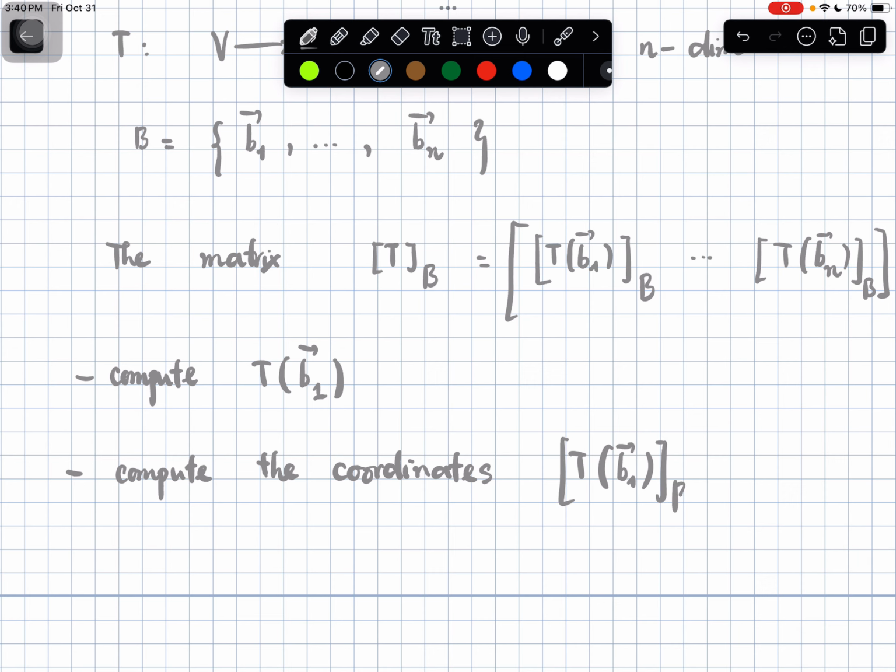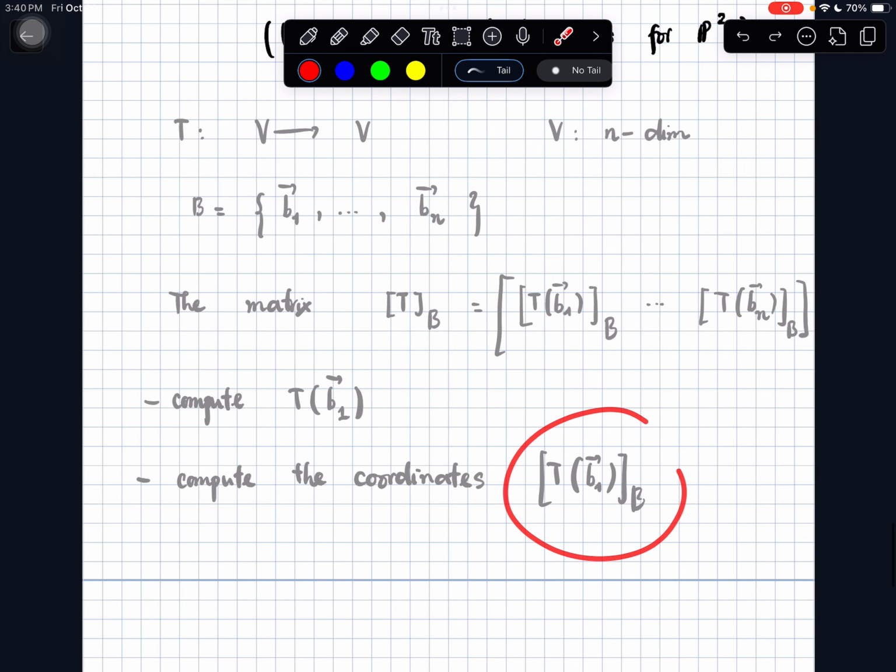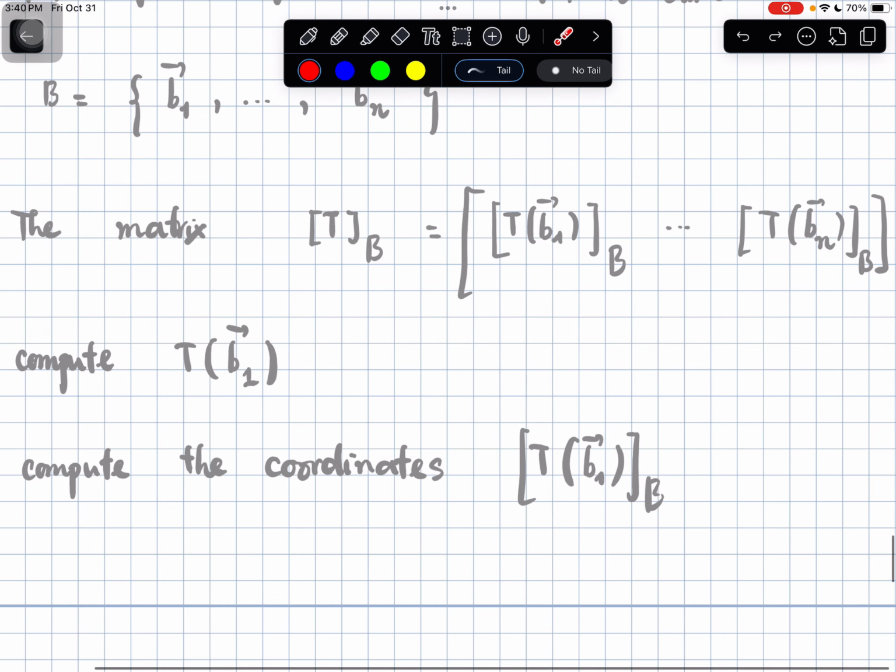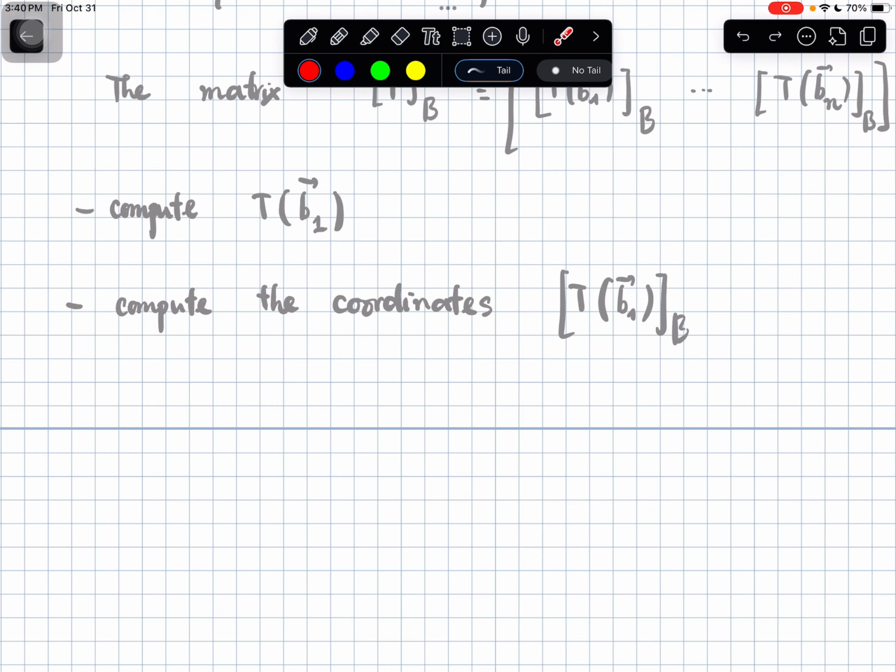You know that T of b1 is a vector in this vector space V. It can be written as a linear combination of these n vectors. So let me call the coefficients c1 for vector b1, c2 for vector b2, up until cn for vector bn.